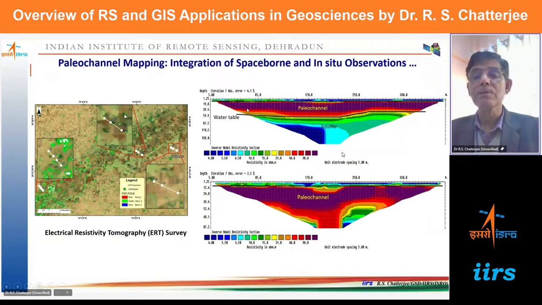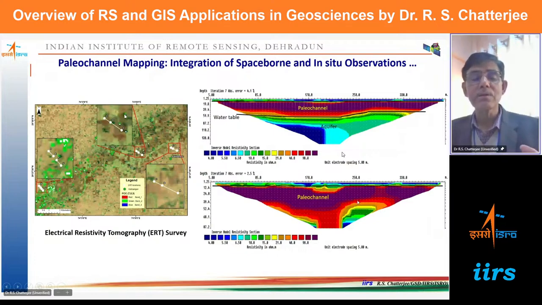So this paleochannel information we can identify. Here you see, below the surface there is the low resistivity zone we can identify, and low resistivity means this is the riverbed, but the riverbed is now covered by dry materials above the surface. So these are the buried paleochannels. By electrical resistivity we can map that.